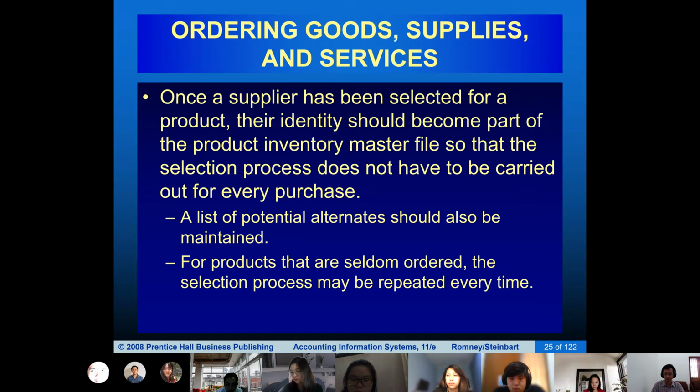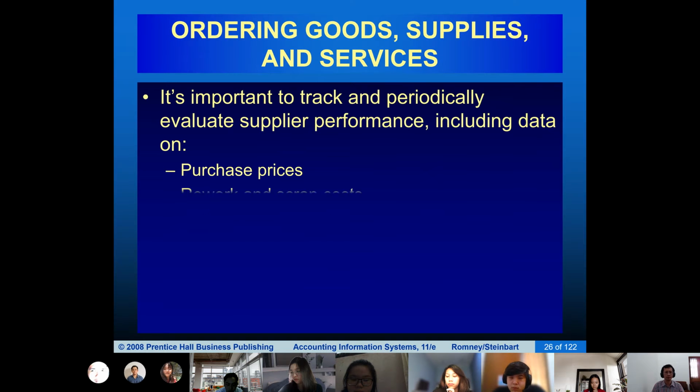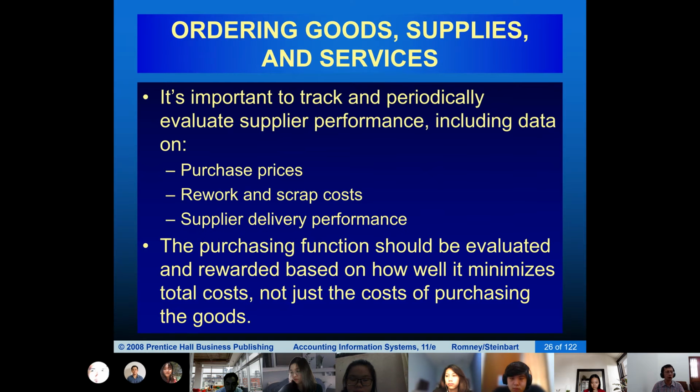But that's not always the case. Not all products could be selected by tender. There are some products that only one company or one country makes. Take a look at the example of computers.